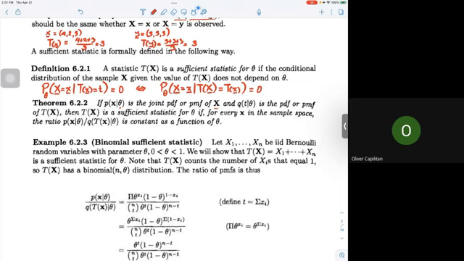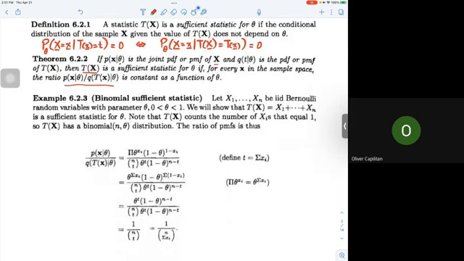Okay? So, ito ngayon, sufficient statistic siya if this would be true, that it is constant as a function of theta, or it does not depend on our parameter theta. So let's have an example to illustrate this.